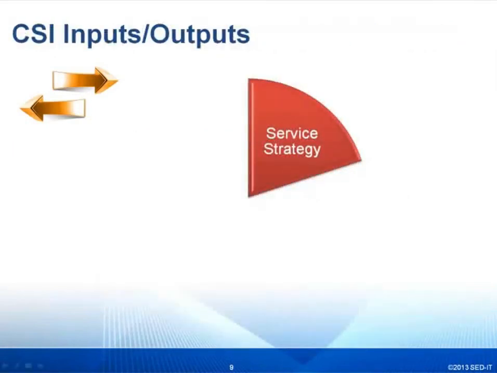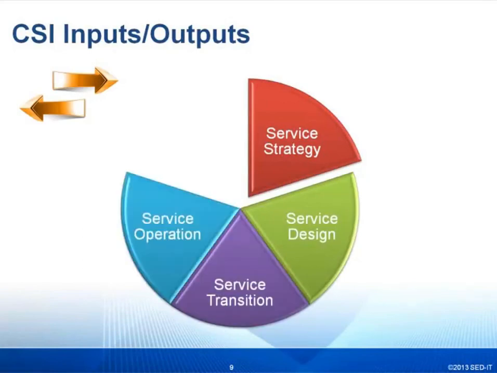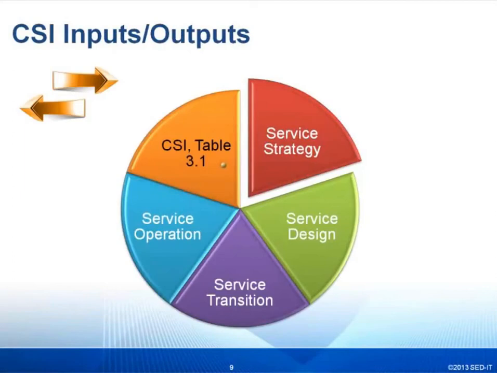So we talk about CSI, and again, we'll compare it to strategy, design, transition, operation, and this is going to be found in table 3.1 and the CSI volume. Same structure within the table, and since we're on this last table, I'm just going to make the statement now. By no means are these tables the absolute be-all, end-all.